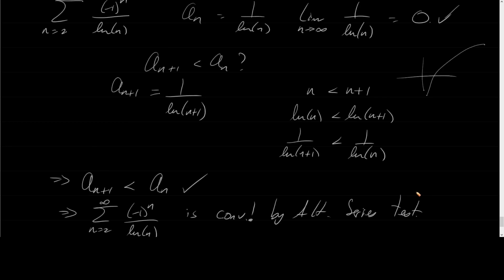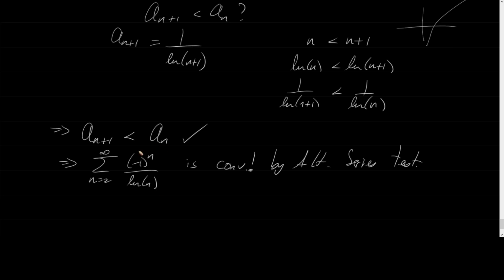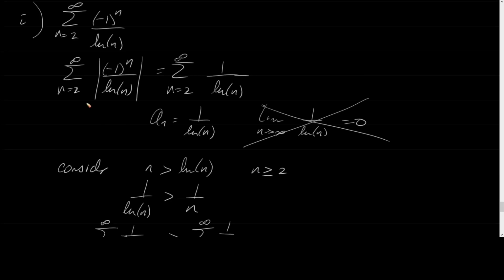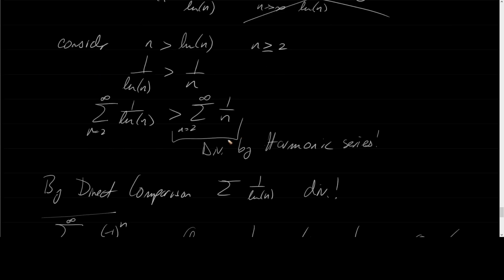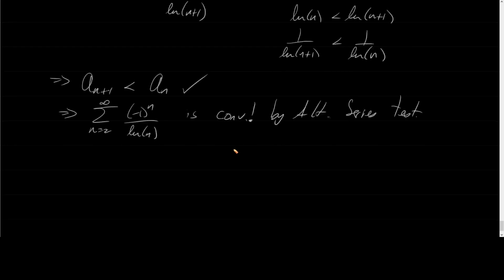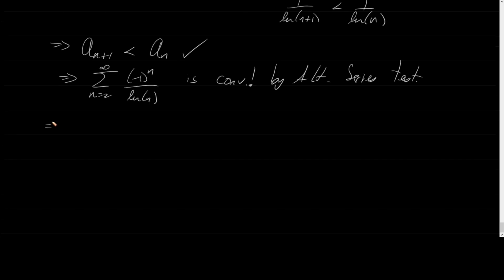So what do we find? We found that the non-absolute value version is convergent, but the absolute value version that we did over here was divergent. So what this tells us now is that this is conditionally convergent. So overall, that series from n equals 2 to infinity.